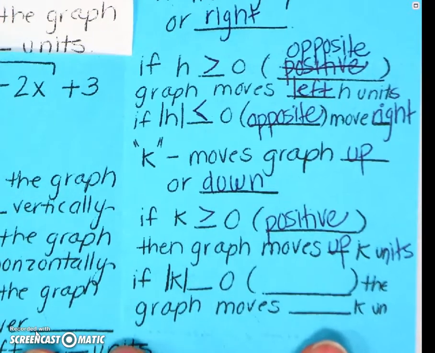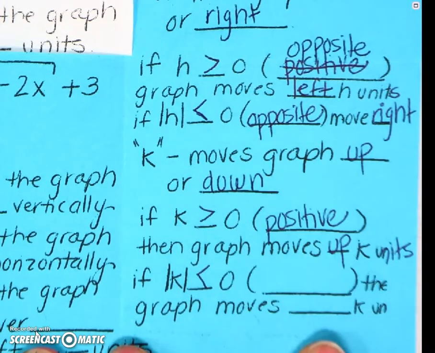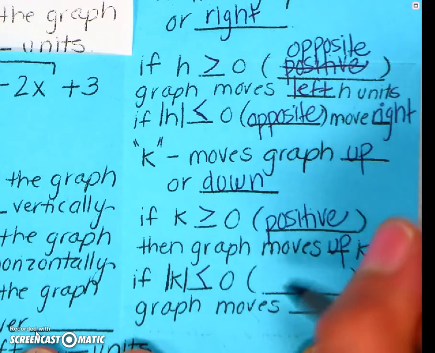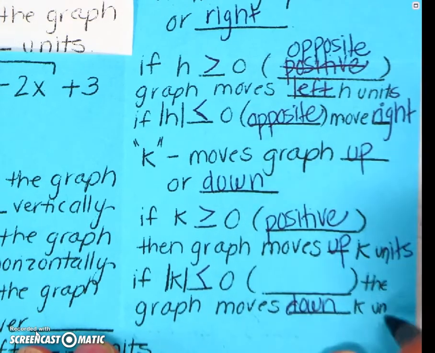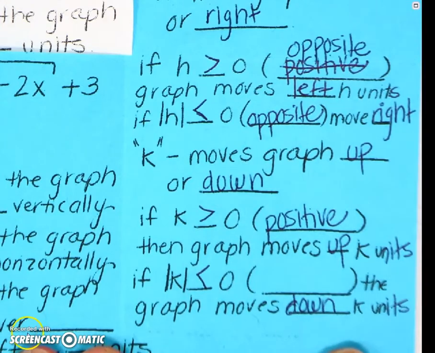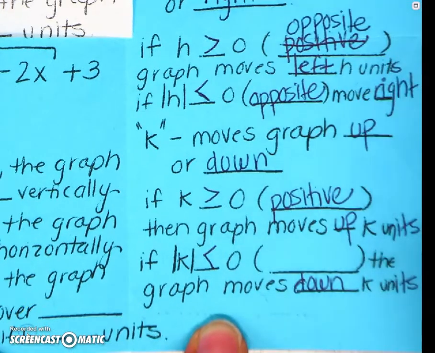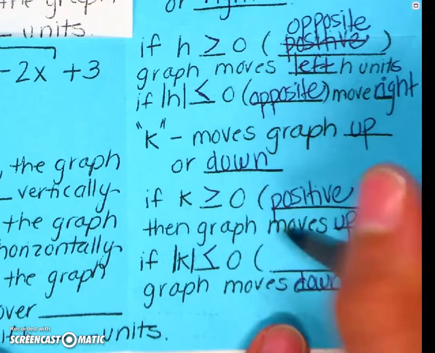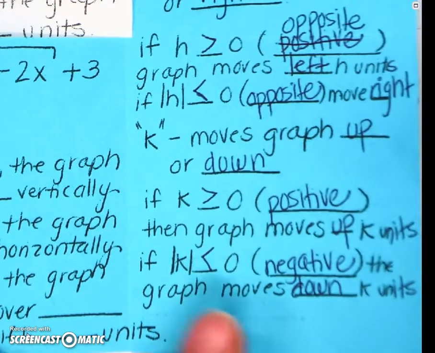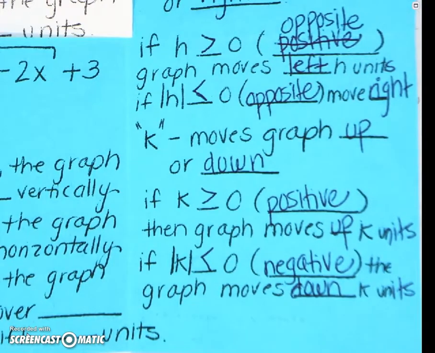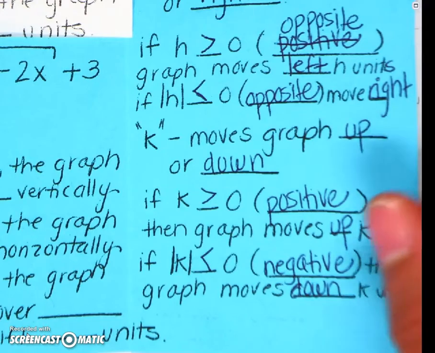If k is negative, the graph moves down k units. Okay, let's go to example 4 and put into practice what we just learned.